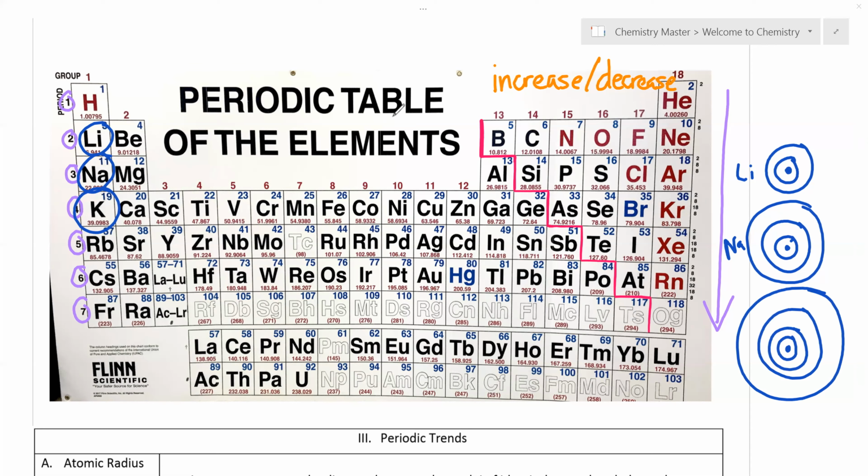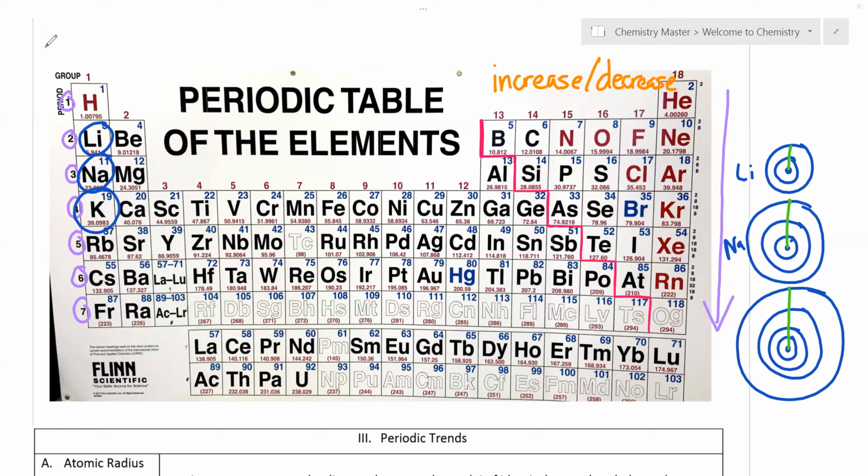If we're talking about a radius, which is half of a diameter, you can see that the radius is getting bigger and bigger as we go down. So our trend for atomic radius is it increases as you go down a group or a family.